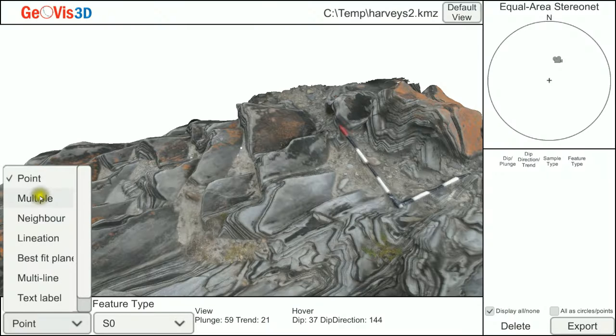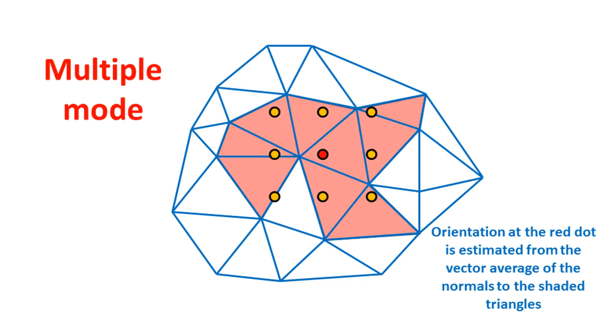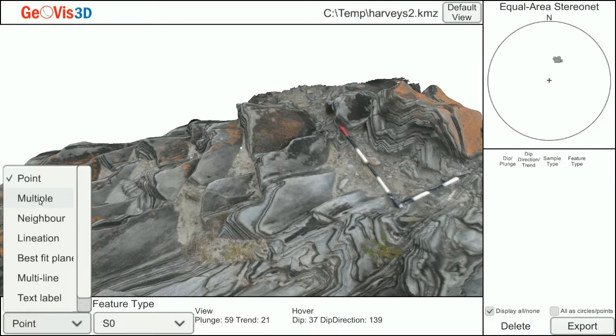In multiple mode, nine adjoining triangles are sampled, and the vector mean of those nine adjoining triangles is specified as the orientation of the planar facet.